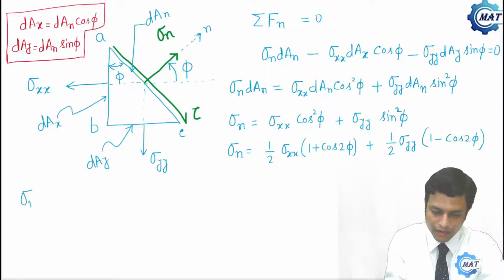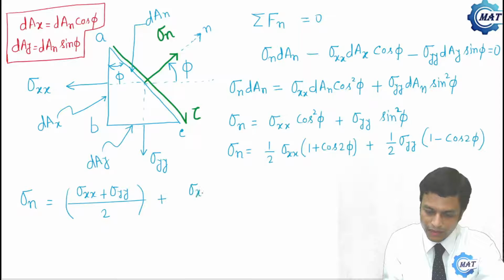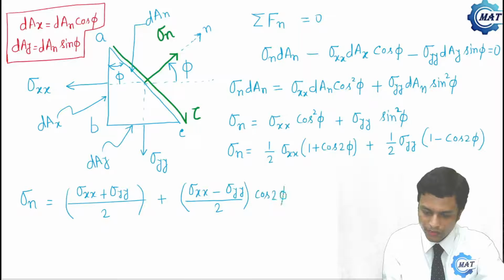So sigma n we can write as sigma xx plus sigma yy by 2 plus sigma xx minus sigma yy by 2 cos 2 phi.